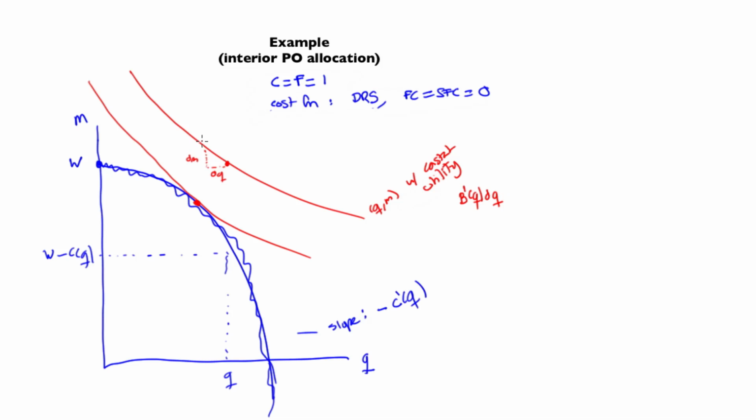What happens if in addition we do a change delta M, then it's going to increase just by dM, because remember the utility function is B(Q) plus M, and we want this to be equal to 0, so we can stay in the indifference curve. But this implies that dM divided by dQ is equal to minus B prime of Q. So the slope at any point is minus B prime of Q.